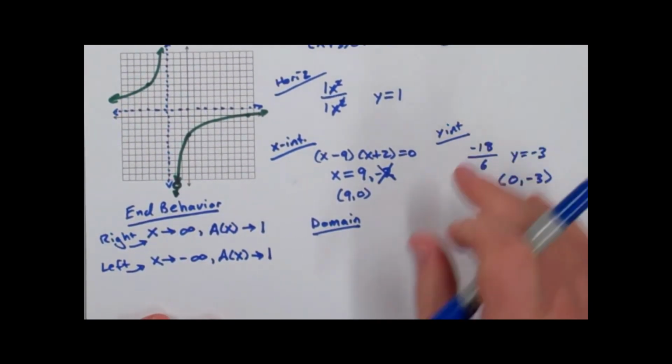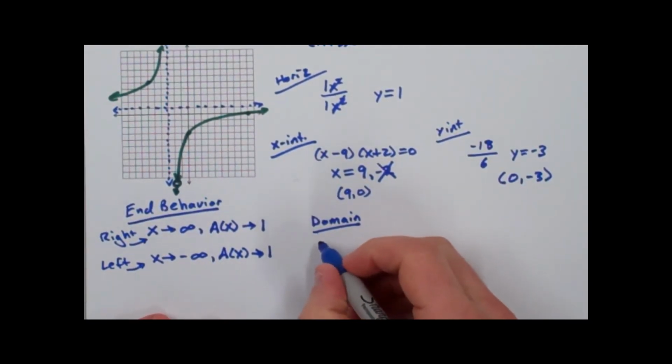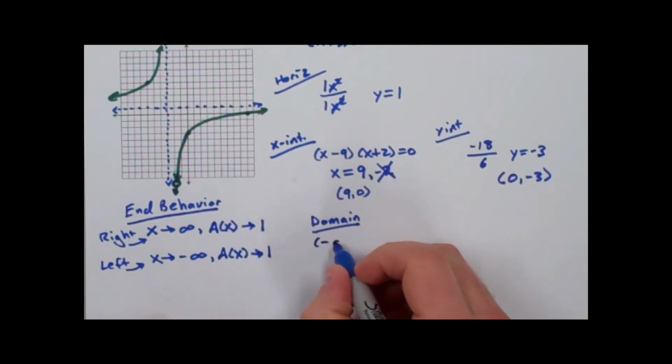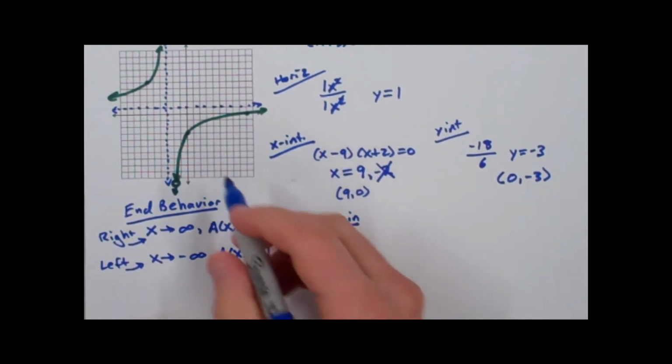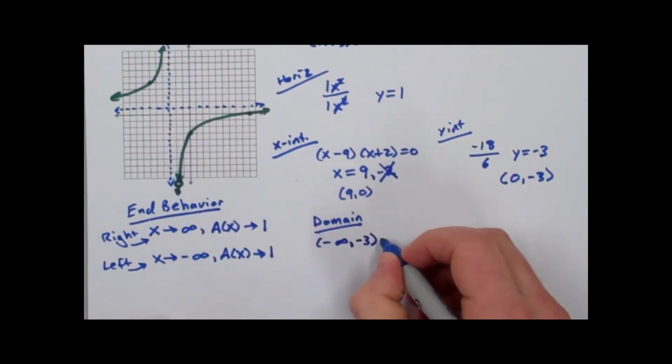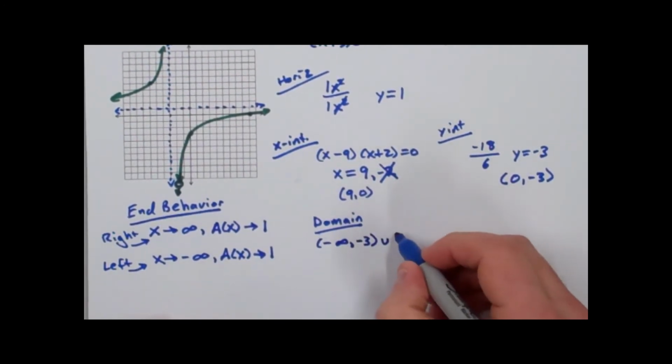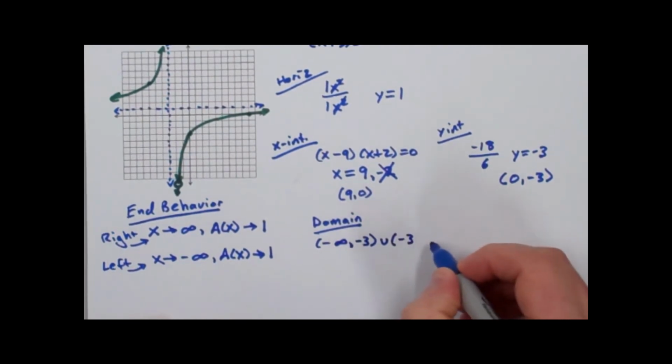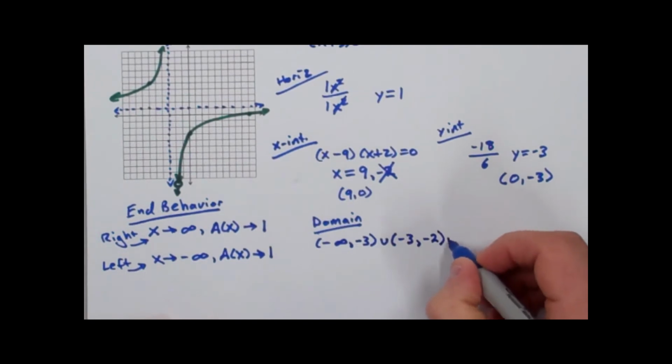If we go from left to right then in interval notation, the domain would be -infinity up to, but not including -3. We'll always write the union symbol. Then -3 to -2, again not including -2.